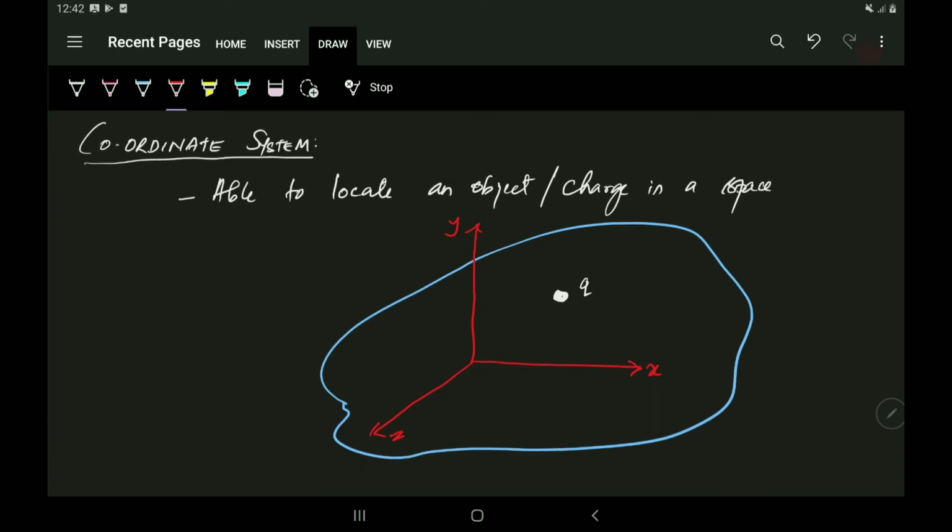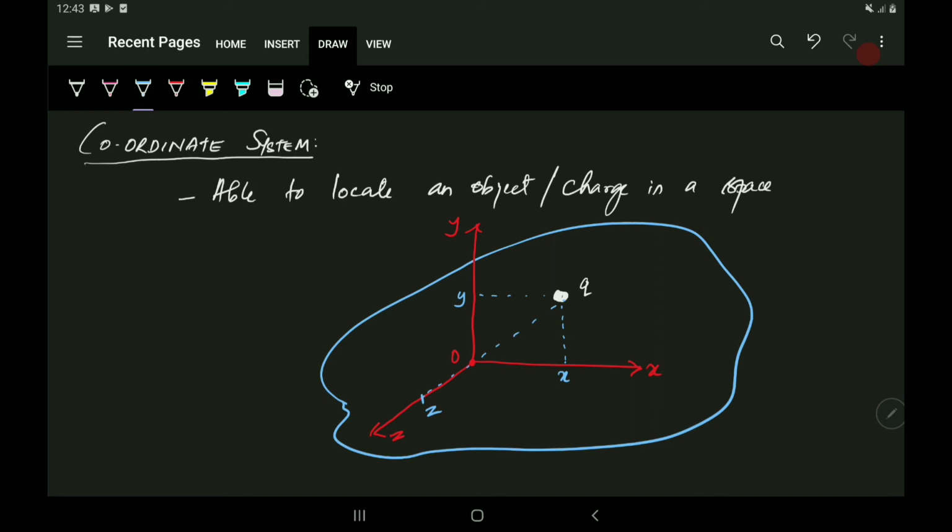Now when you have axes of reference and an origin 0, with respect to this origin you can calculate the distance of q from x, which gives you the value of x, the value from y, and another value from z.